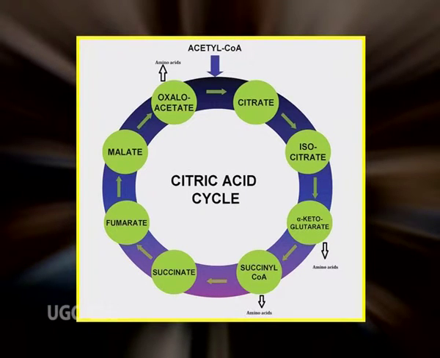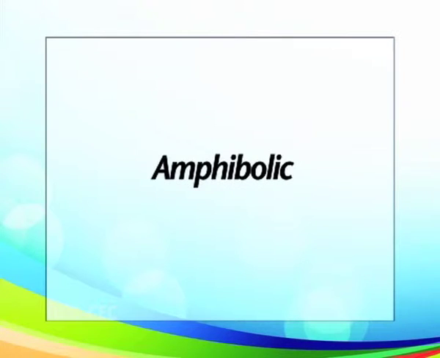Some pathways can function both in a catabolic and an anabolic context. An example is the citric acid cycle, which not only breaks down acetyl-CoA but also participates in synthesis of amino acids. Such pathways are sometimes referred to as amphibolic.